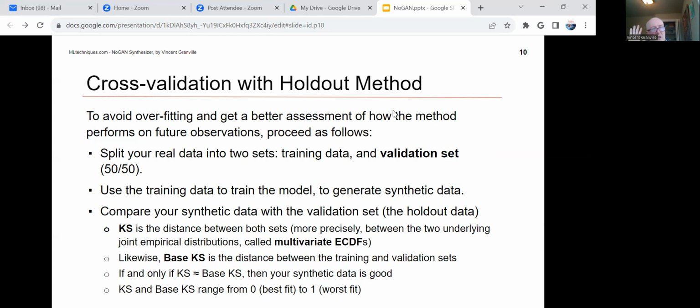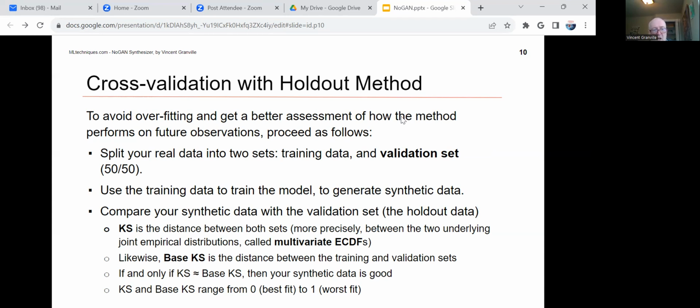You split your real data into 2 parts. The training set is used to create the structure, to create the synthetic data. And then there is the validation set, the holdout data on which you're going to evaluate your model. In this case, I split 50-50, 50% for the training set, 50% for the validation set.